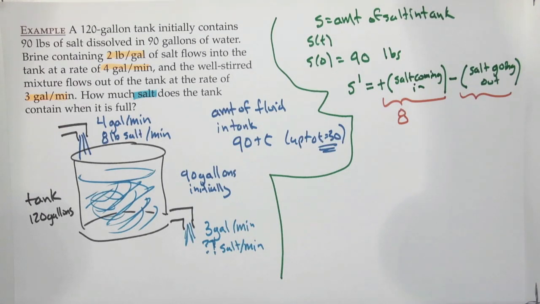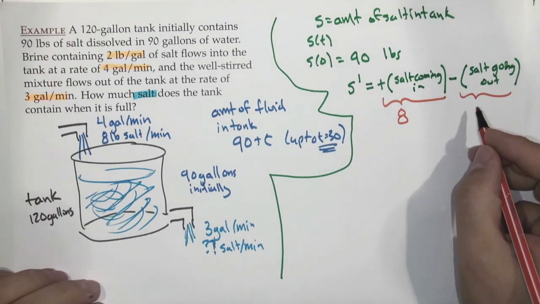Like, if I was doing a percentage kind of thing, what would I do? How do you find the proportion leaving? You find how much is leaving, and you divide it by the total. How much is there?